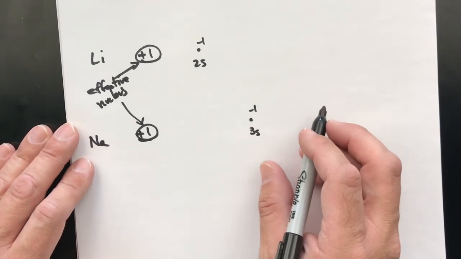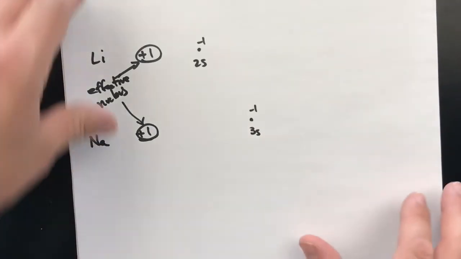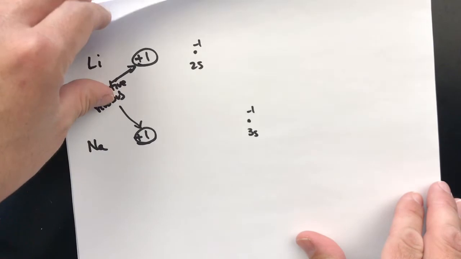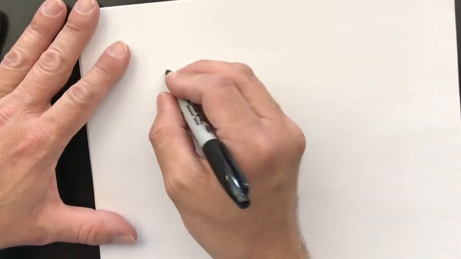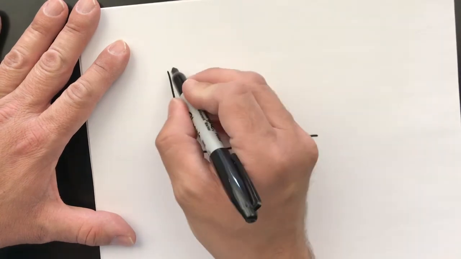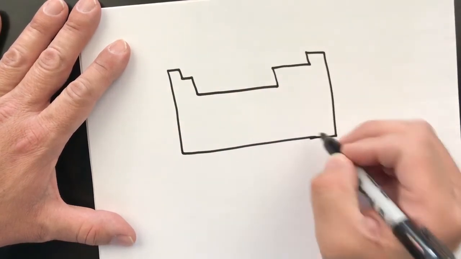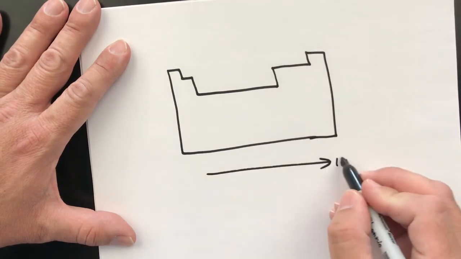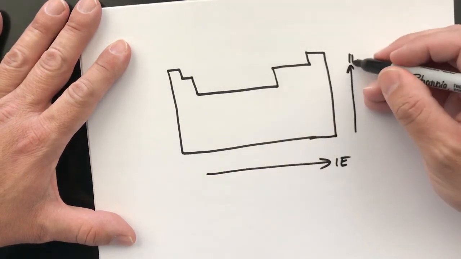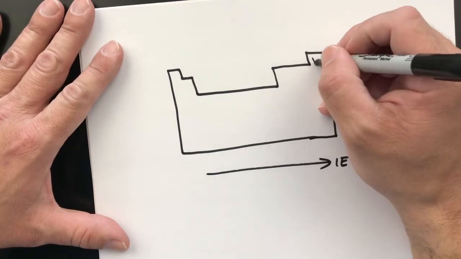So let's put this all back together. So now, if we look at our periodic table, all right, ionization energy increases going to the right and going up on the periodic table. It is greatest for helium.